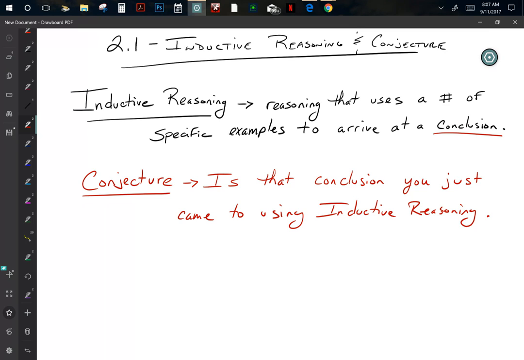That brings us to our other definition for today.